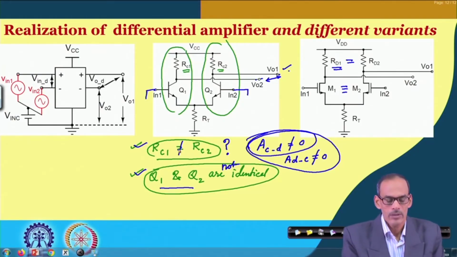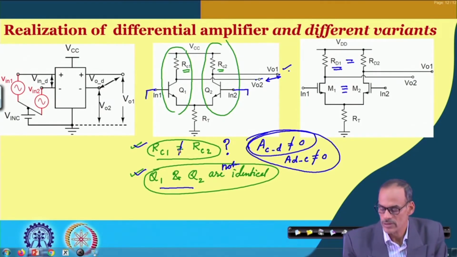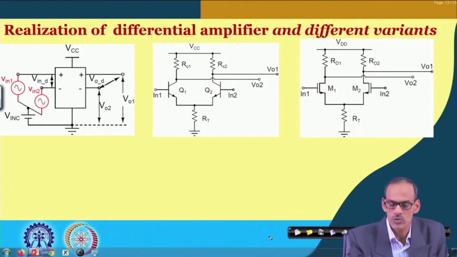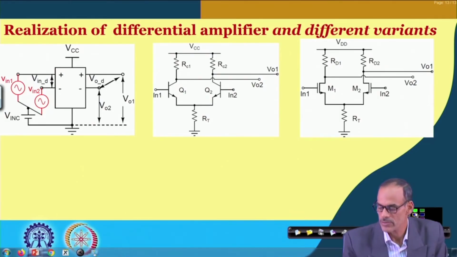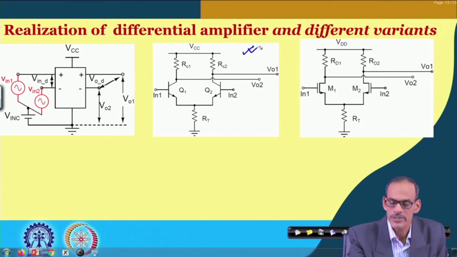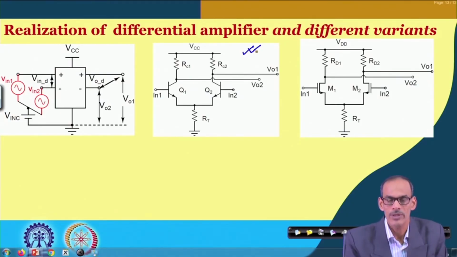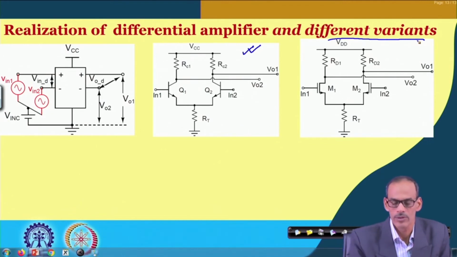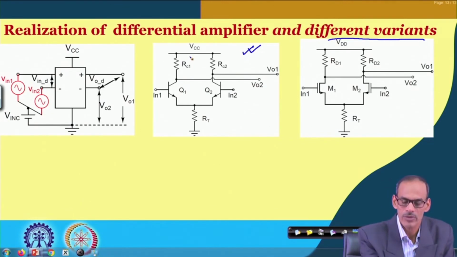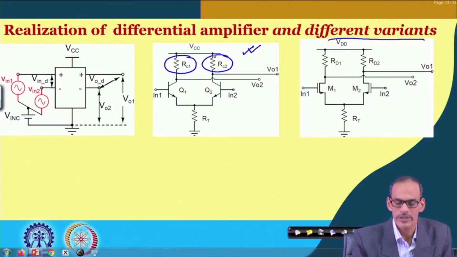Okay. Now, next thing is that there are different possible realizations, and as I said, these two realizations are very basic and very fundamental. Now, what are the different variants we have? First of all, we have seen that for a common emitter amplifier, instead of a passive resistor, we can have an active device.